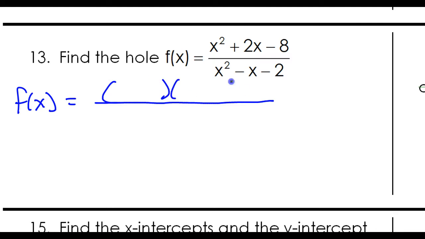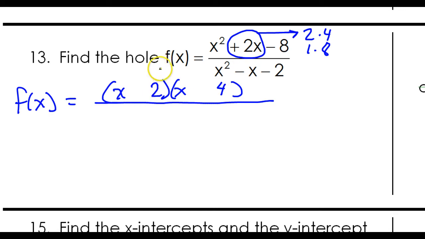and it should be pretty simple. x squared is just x times x. 8 is either going to be 2 times 4 or 1 times 8. It's really all there is to it. Looking at the middle, I'm thinking 2 times 4, because the inner plus the outer have to give you the middle.